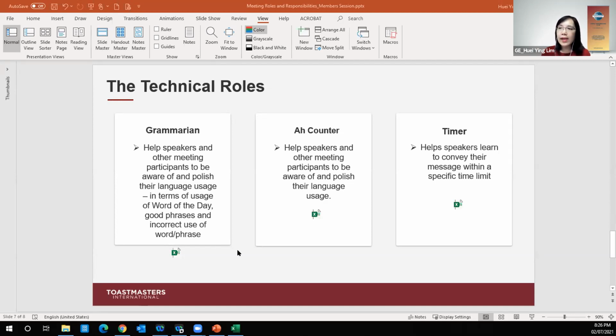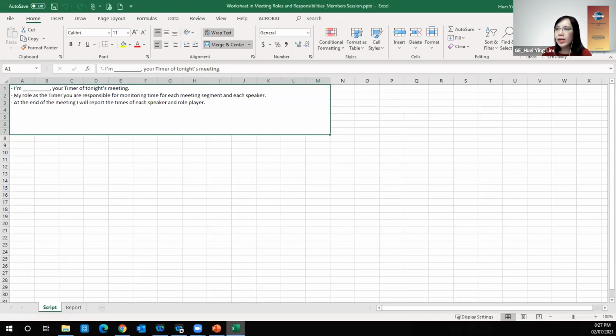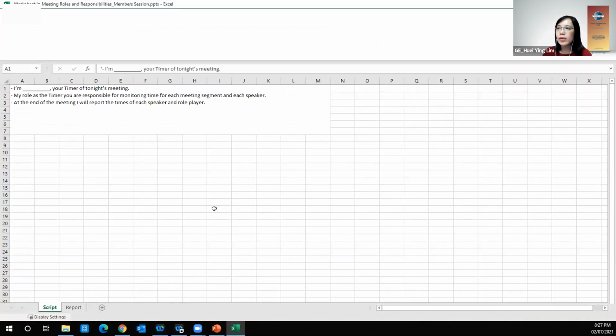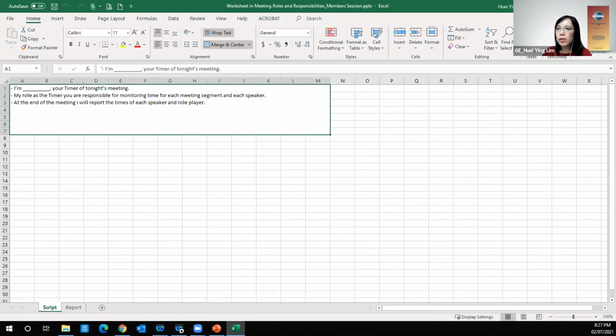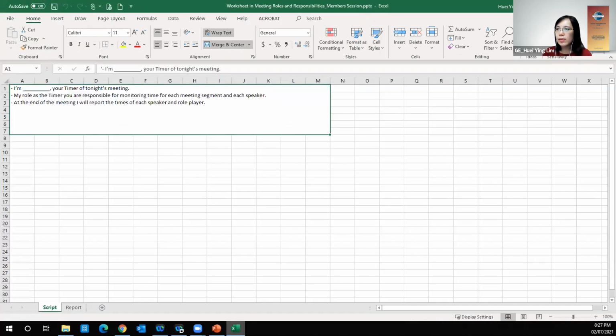All right. For the grammarian role, let me just see. Is this the grammarian? Okay, this is a timer. Let me just open up the grammarian. Just hold on, what happened to my Excel?